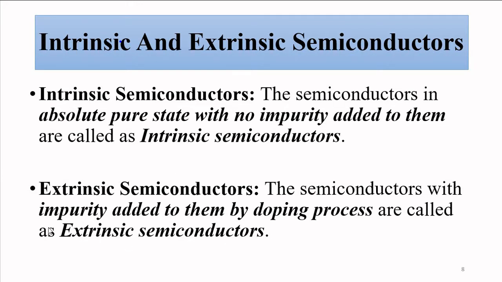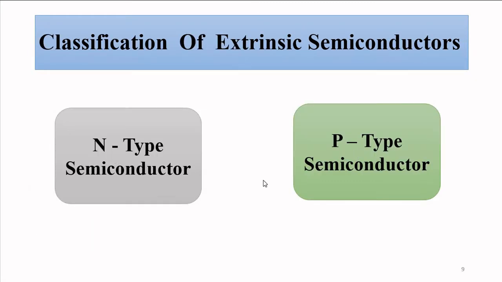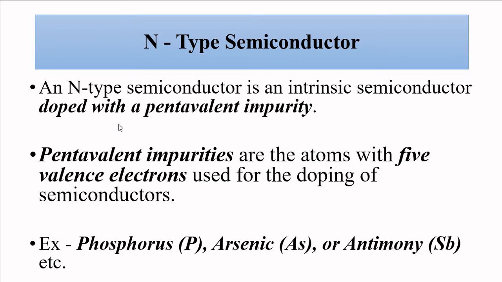Again, depending on the nature of the impurity which is added, extrinsic semiconductors can be divided into two categories. First, N-type semiconductor; second, P-type semiconductor. For an N-type semiconductor, suppose we add a pentavalent impurity. What is a pentavalent impurity? An atom with 5 valence electrons, 5 electrons in the outermost orbit.